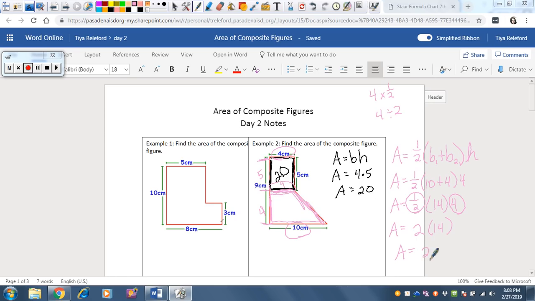And 2 times 14 is 28. Your last step for this, you need to add the two areas together. Centimeters squared.